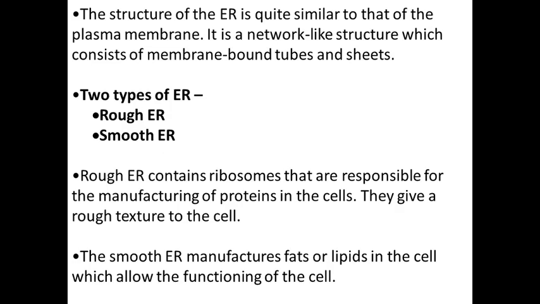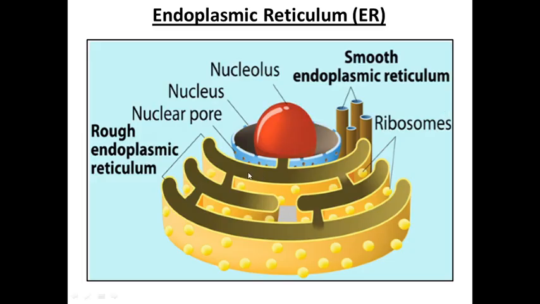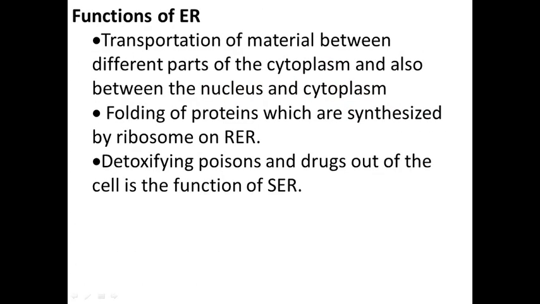See, these are the membrane-bound sheets and these are the tubes. Now what are the functions? The main function is the production of proteins and lipids. Then it transports the proteins and lipids to other organelles, and carries out biochemical activities like detoxifying poisons and drugs out of the cells. So these are the functions of the endoplasmic reticulum.